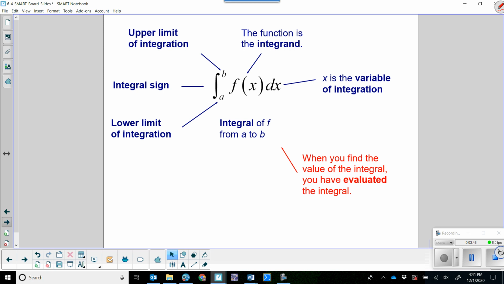The symbol itself is called the integral sign, and it's basically an elongated S, because remember, it's really a summation, so it's a stretched out S. That's where it came from. The function inside is called the integrand.